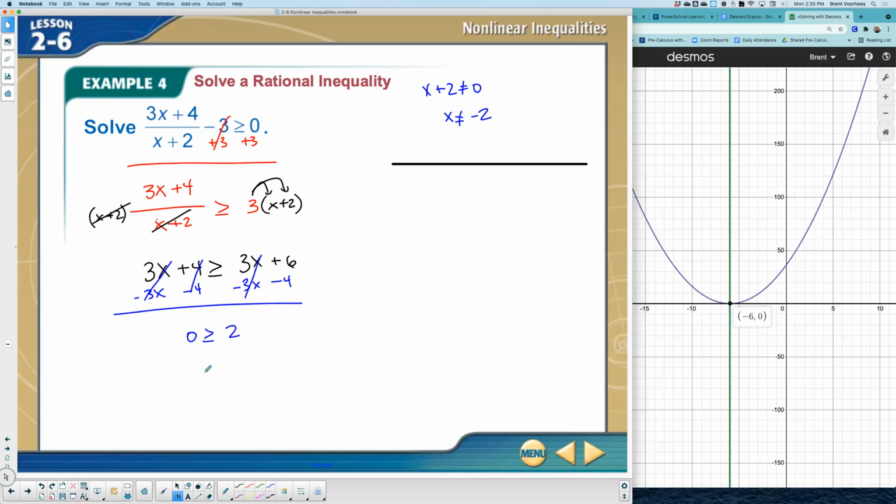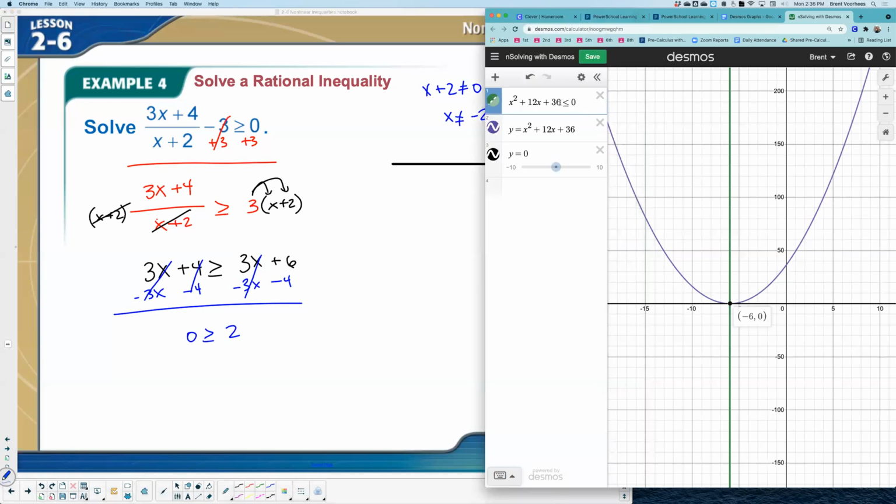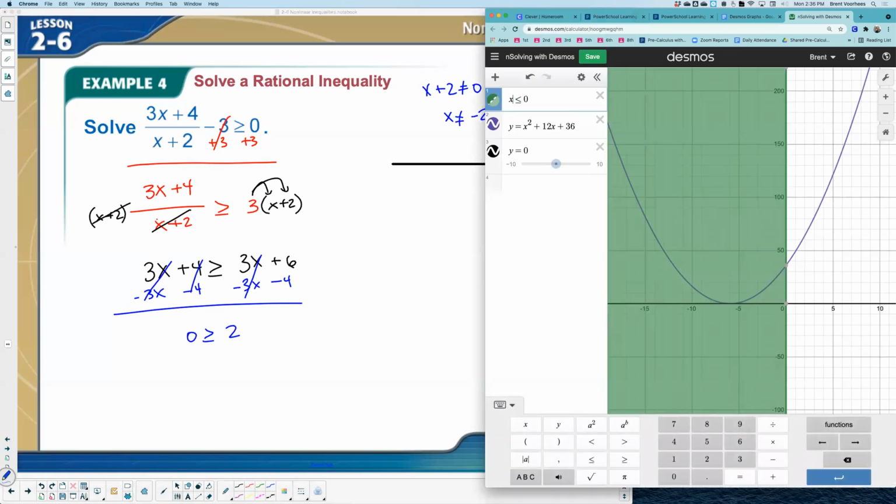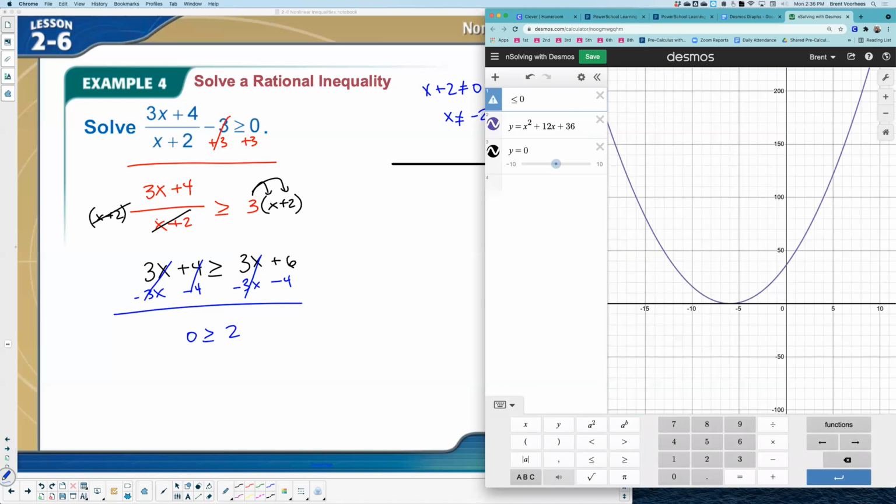Is that true or not true? Algebraically, did we do any mistakes there? No, it looks like this is going to be no solution. That's impossible. 0 is not greater than or equal to -2. So let's graph this and see what happens. I was expecting to come up with a solution, but that didn't happen there.